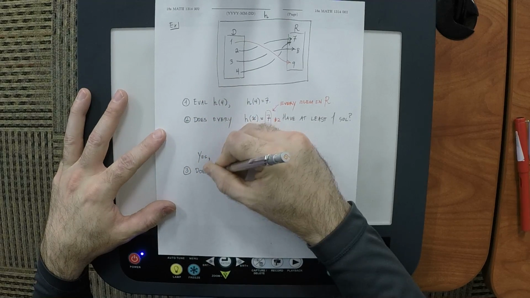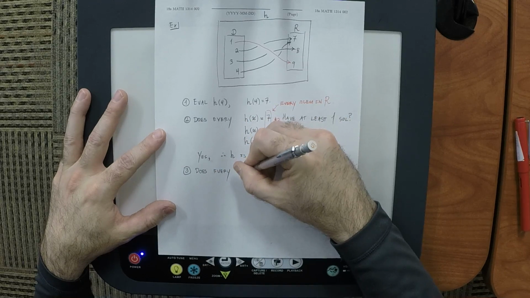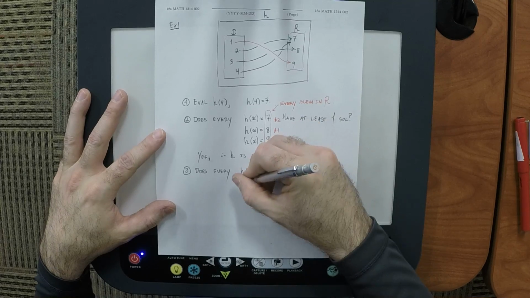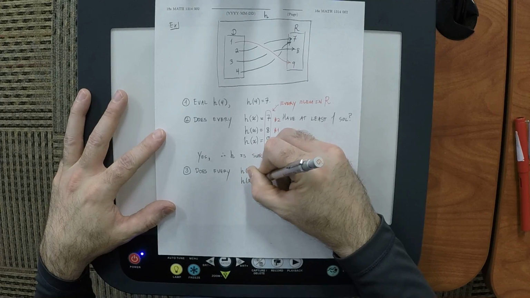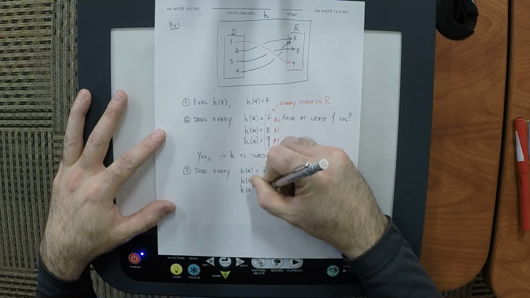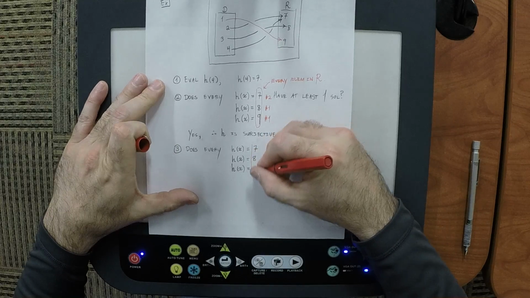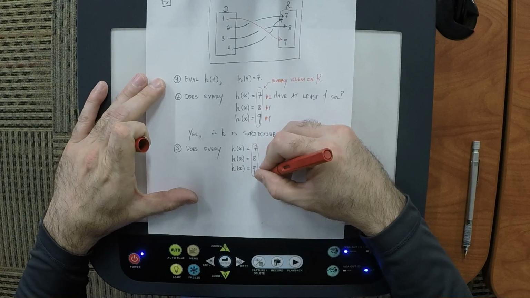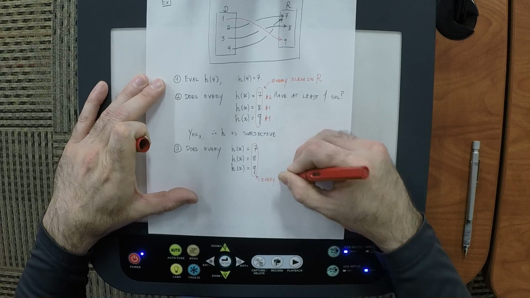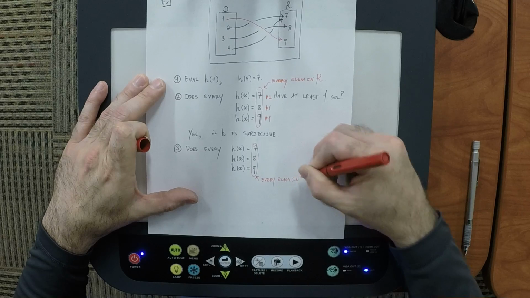Does every h of x equal 7, h of x equal 8, h of x equal 9? And so again, this is an exhaustive list of every element in the range.